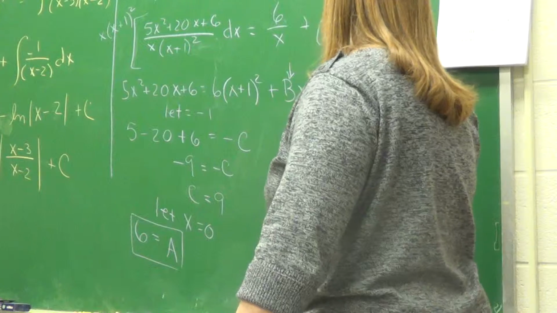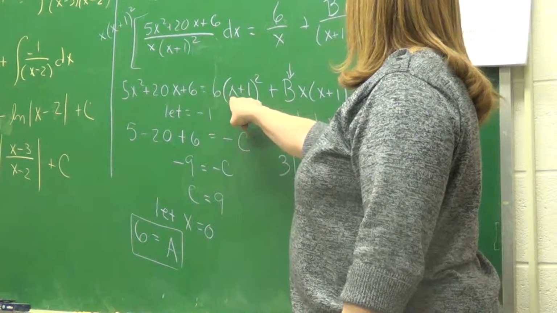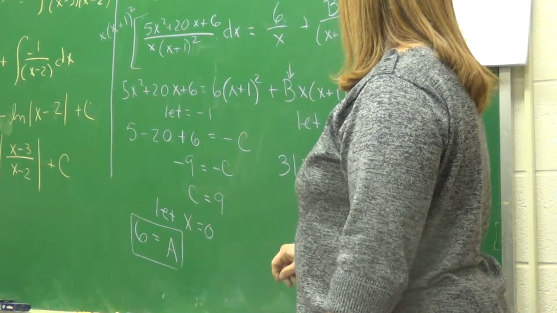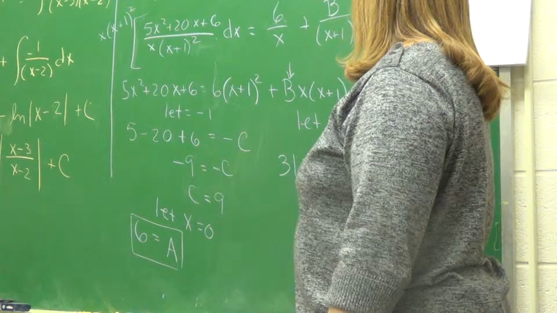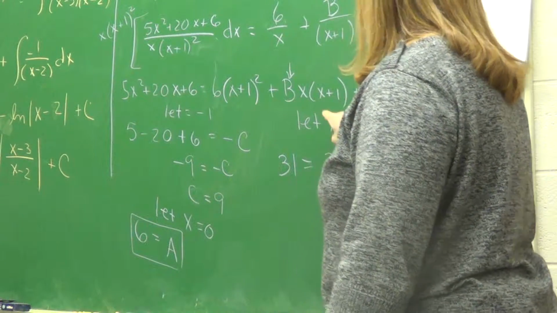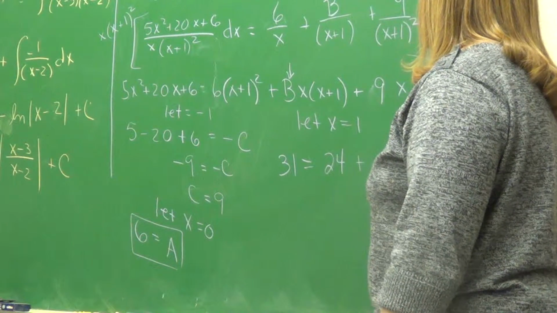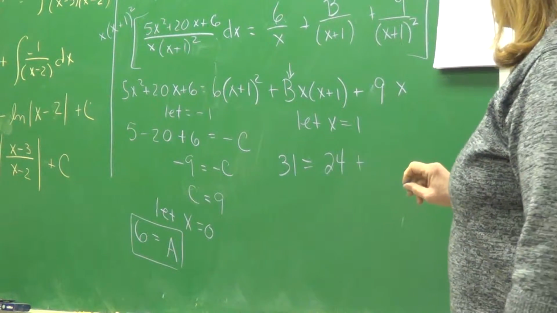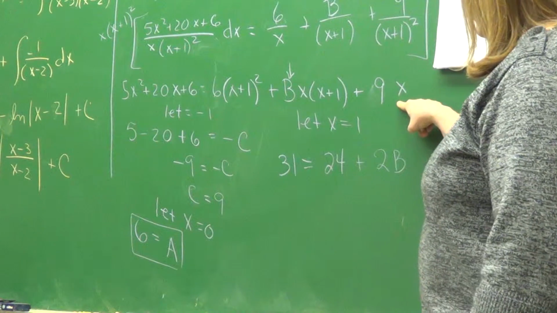31. Okay. So then over here we get 6 times 4, which should be 24. And then b times 2, 2b, plus 9.